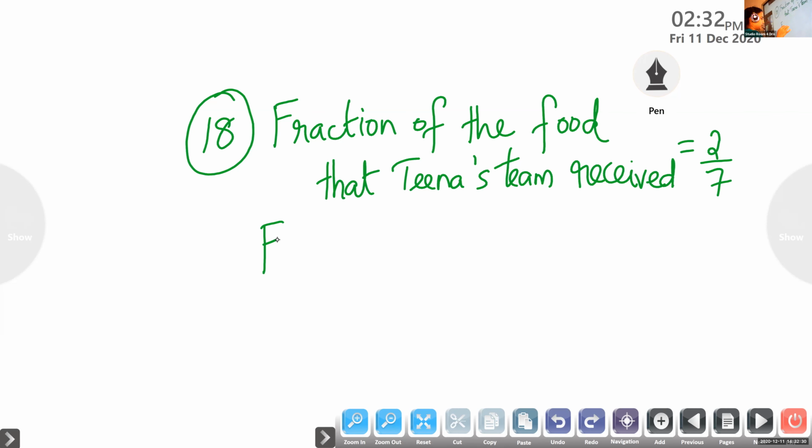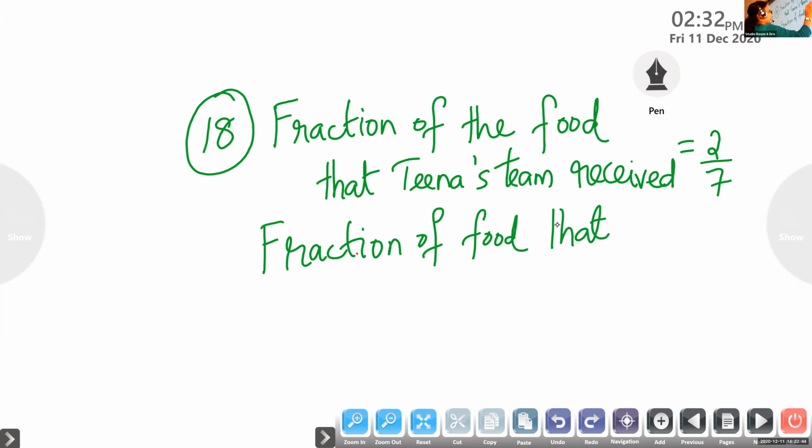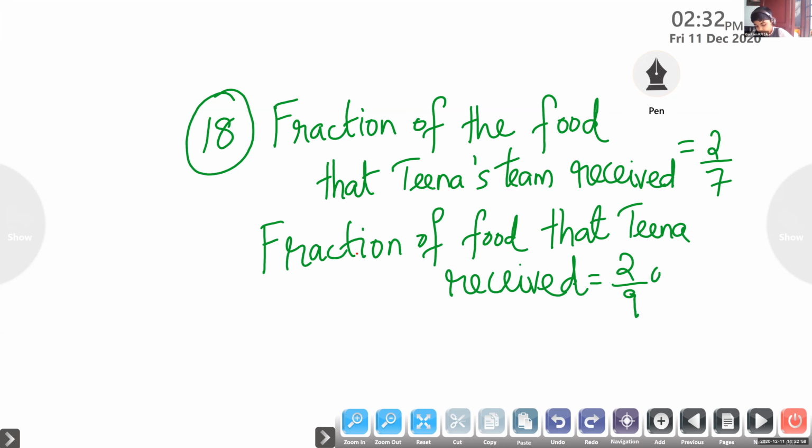So we can write, fraction of food that Tina received. So what is that? 2 by 9 of 2 by 7.